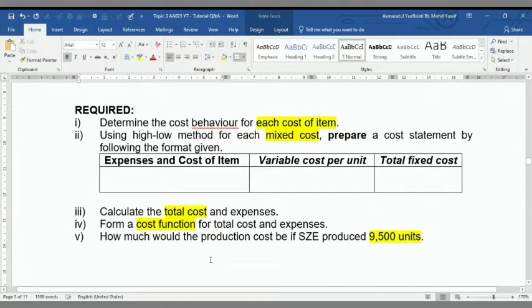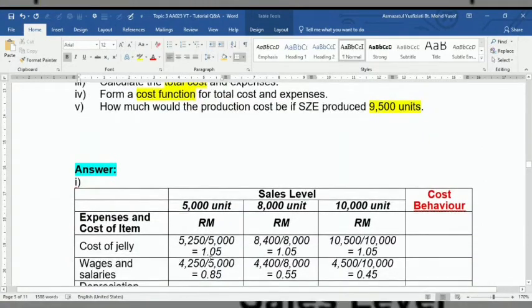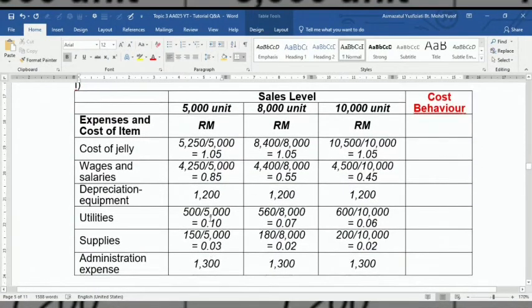Okay, firstly is to determine the cost behavior. Okay, you list down all the cost items, from cost of jelly until administration expenses. Okay, you can see the total cost. Okay, yang paling senang sekali to determine the cost behavior is the fixed cost.